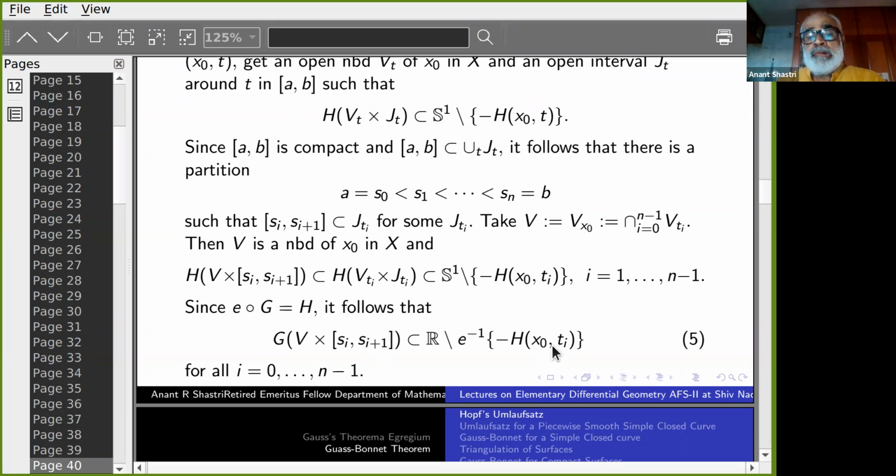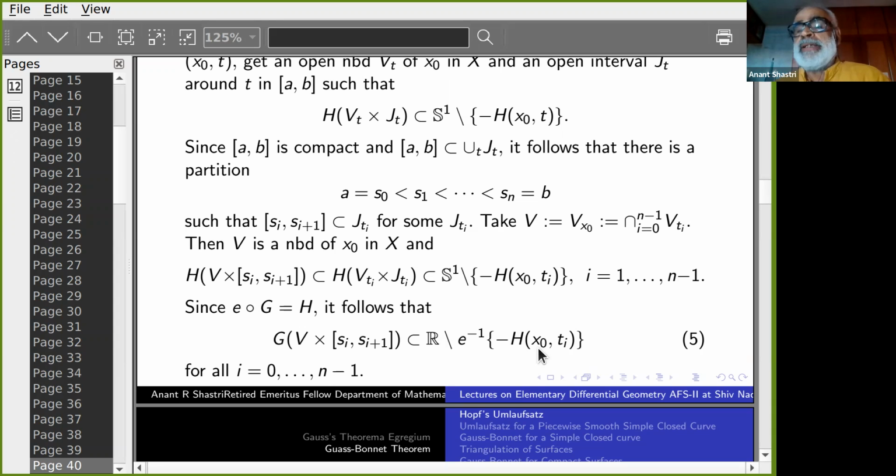Right? So if H is contained inside here, remember E composite G is H. Therefore, G will be contained in E inverse of those things. The E inverse of these sets is nothing but R minus E inverse of this point. And these points are what? They are a set of discrete points. You choose one point above, then the rest of them are that point plus an integer.